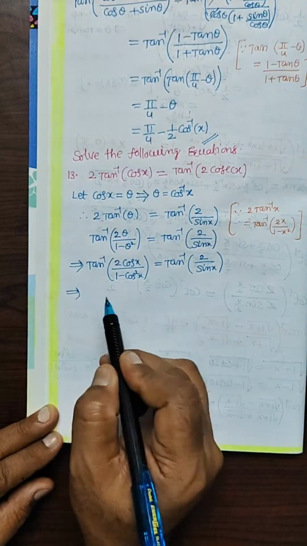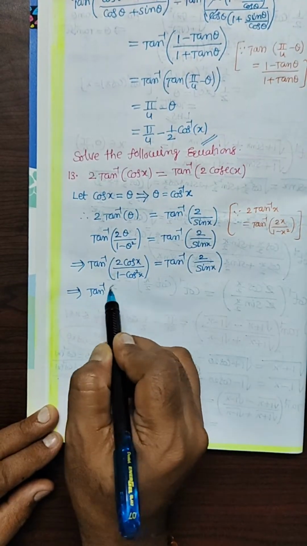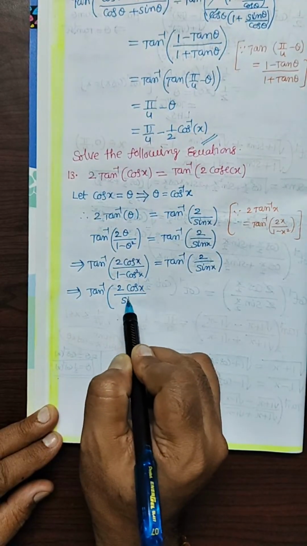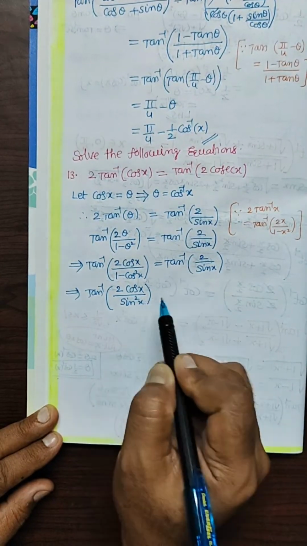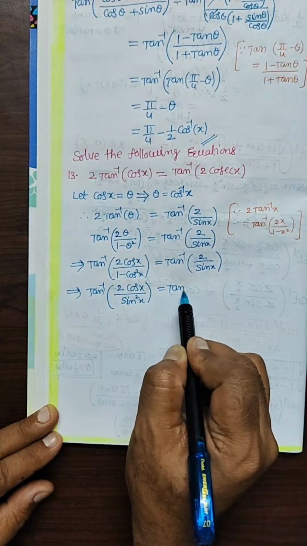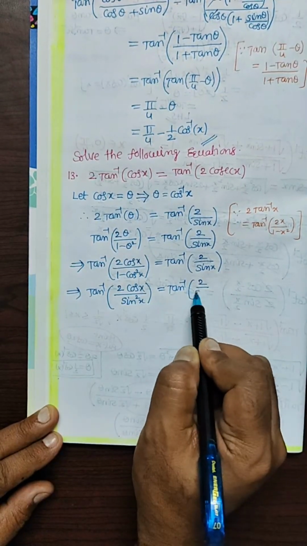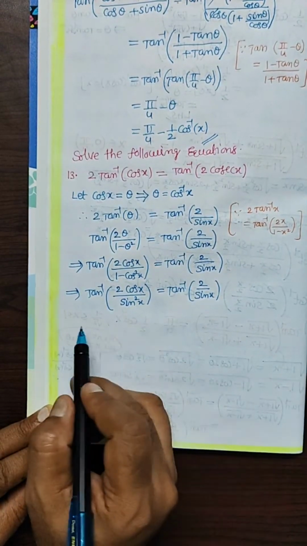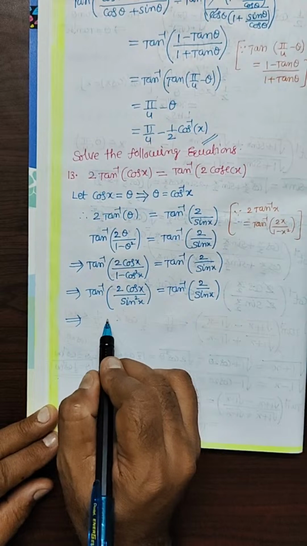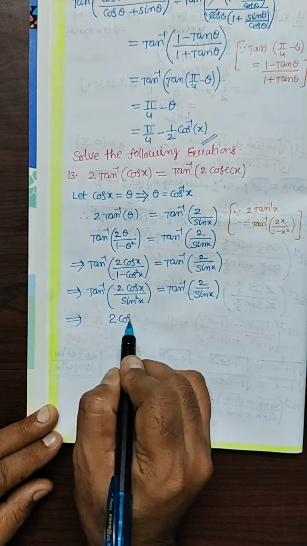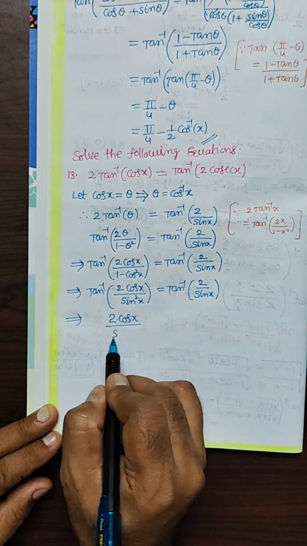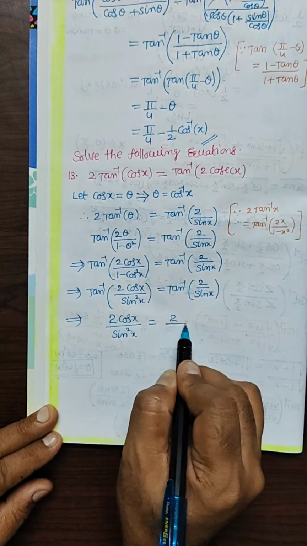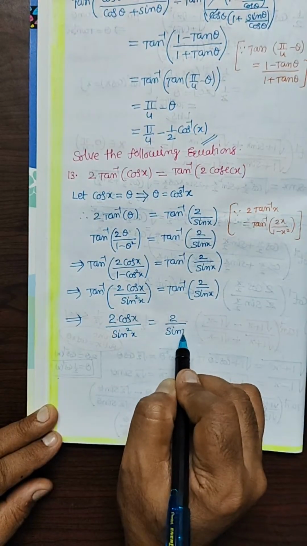So that implies tan inverse of 2 cos x divided by sin square x is equal to tan inverse of 2 by sin x. So comparing both sides, the tan inverse functions, and then equating the values, 2 cos x divided by sin square x is equal to 2 divided by sin x.